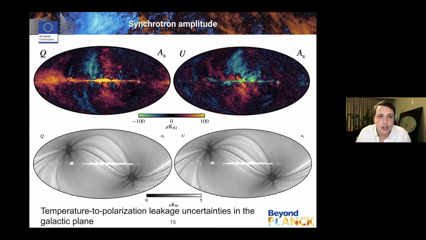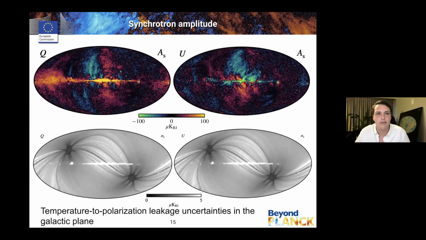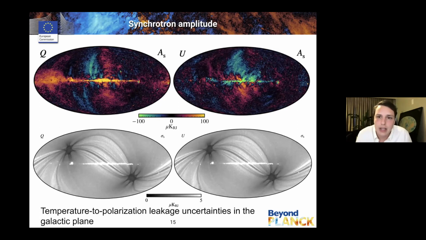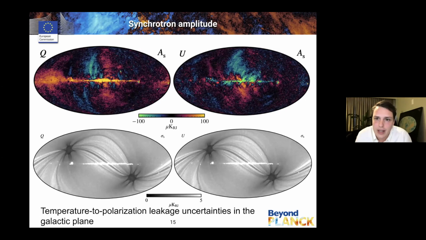Next, the synchrotron component, where we see a lot more fluctuations, and this is all due to the full workings of the BeyondPlanck algorithm. And this also includes the burn-in phase. So if you look closely around the galactic plane here, you can see that it starts off being quite bright and then dims slightly before settling in after the burn-in phase.